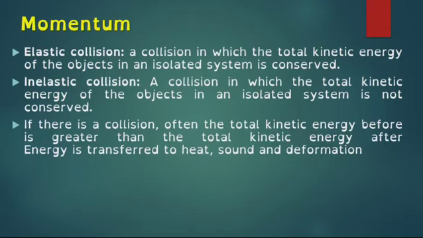Now, I want to just draw your attention. If there is a collision, one car bumping into another, often the kinetic energy before the collision will be greater than the total kinetic energy after. Why does this happen? Because some of the energy is taken away from kinetic energy and transferred into heat or sound or deformation.